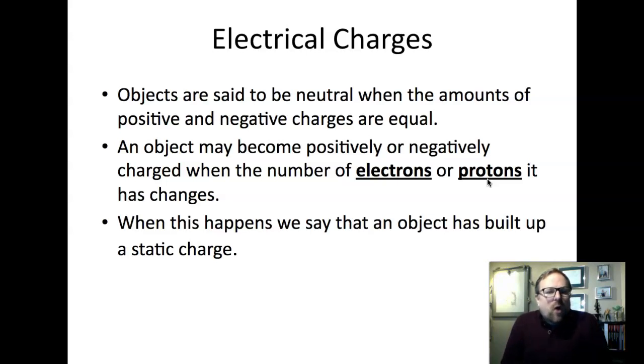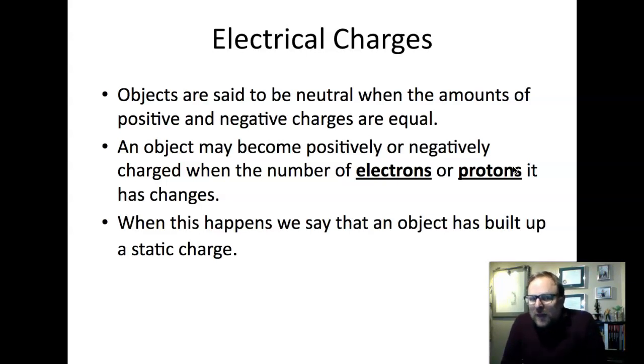Okay, so an object may become positively or negatively charged when the number of electrons or protons in it changes. Now, I want to be clear here. We're not going to deal really with changing of protons, because when we change protons, we change the substance that we're describing. However, we can change electrons relatively easily.